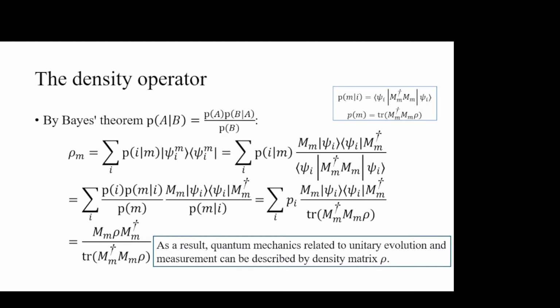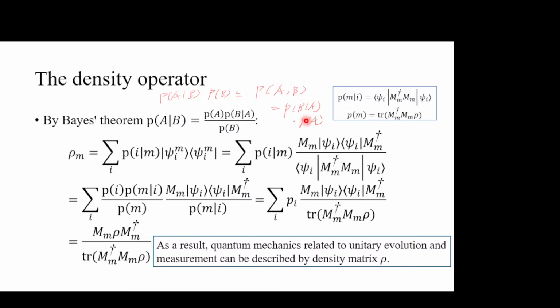If you multiply the probability of B to the other side, the probability of A conditioned on B times the probability of B equals the probability of both A and B happening. That is also equal to the probability of B conditioned on A times the probability of A. But anyway, this is probability theory.